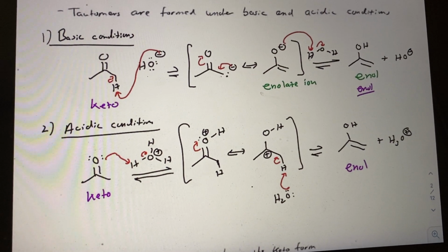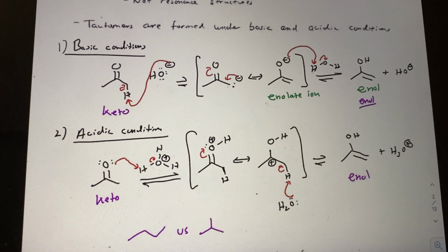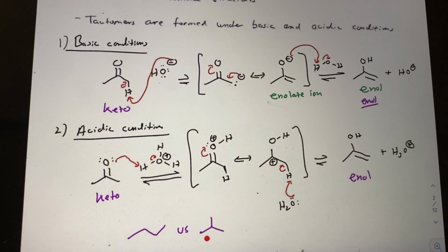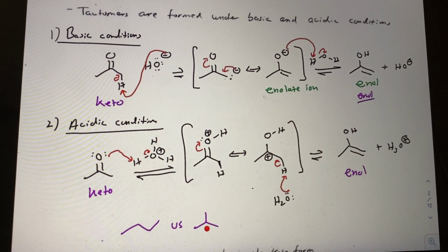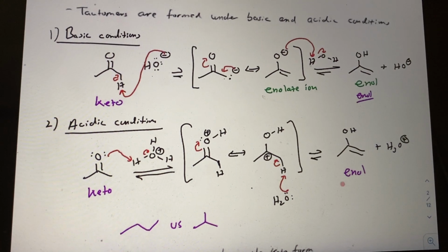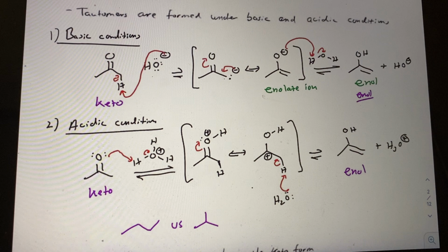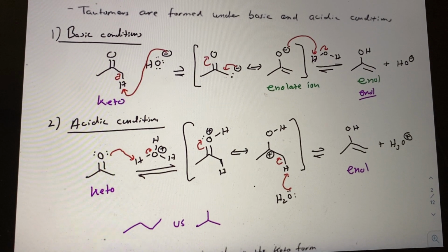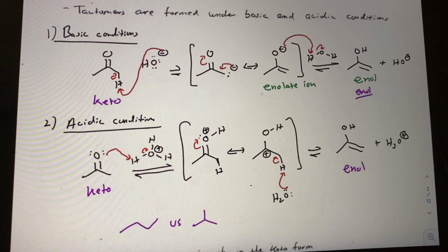But unlike butane versus this, these two compounds don't interconvert. If you leave them in a flask, they're not going to convert between one and another. However, the keto and the enol form will interconvert under both acidic or basic conditions. So these are constitutional isomers that actually interconvert, and so they are known as tautomers.